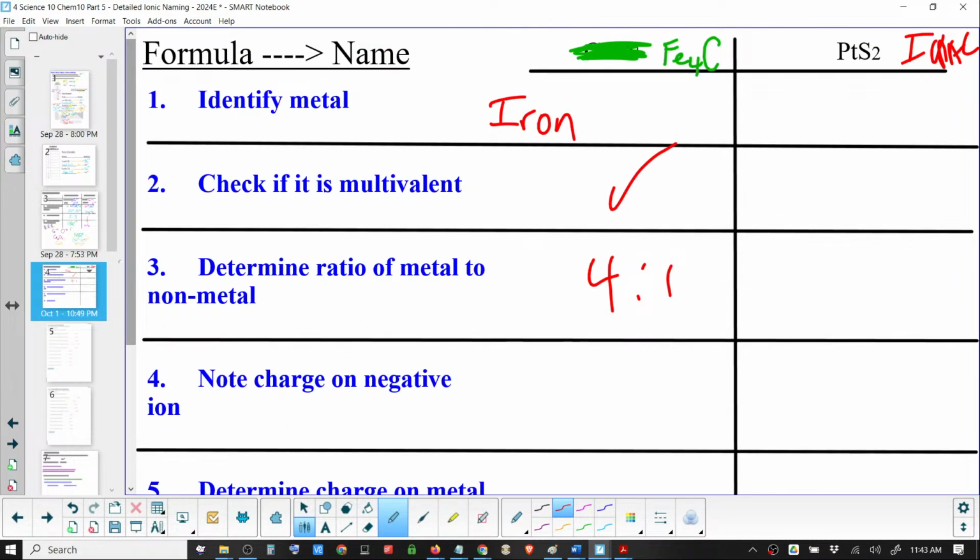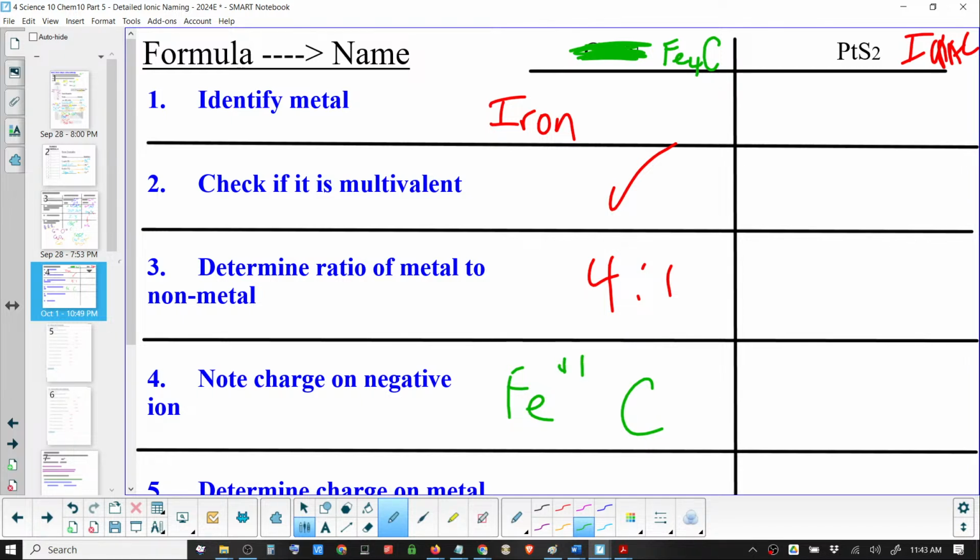Now, let's do it the shortcut way. Uncrisscross it. Carbon 1, right?